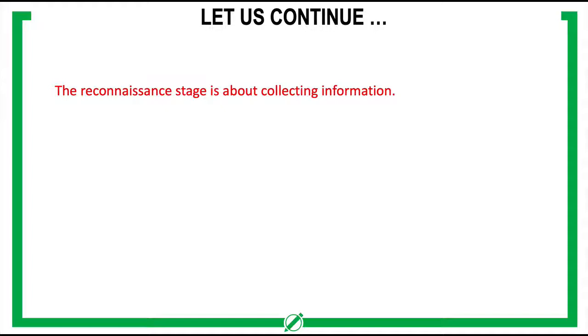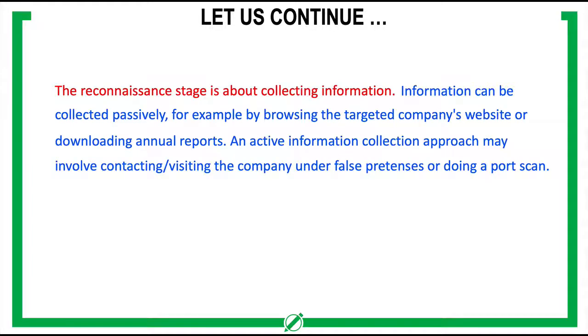So let's continue. The reconnaissance stage is about collecting information. It is a point that I want to make, and now I will provide further examples of that information. Information can be collected passively, for example by browsing the targeted company's website or downloading annual reports.